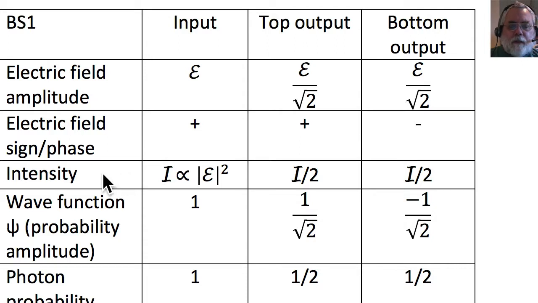Now, the light intensity is proportional to the magnitude of the electric field squared at any point. So when the electric field gets divided by square root 2, the intensity gets divided by 2. So half the intensity took the top path, and half the intensity took the bottom path.